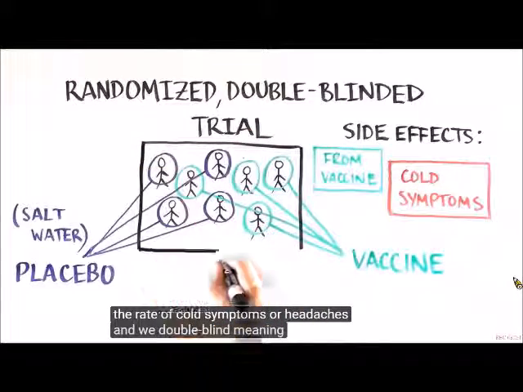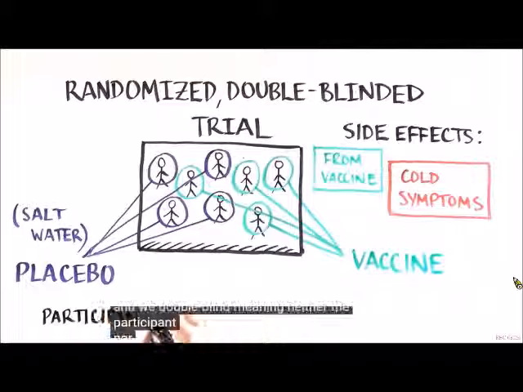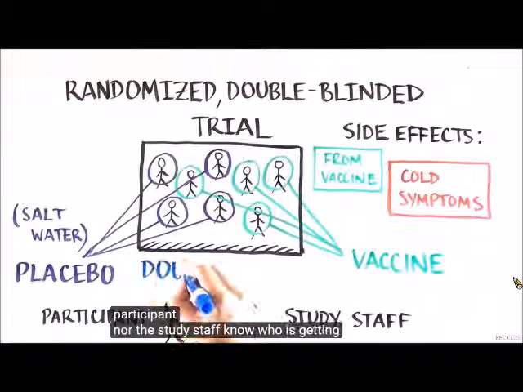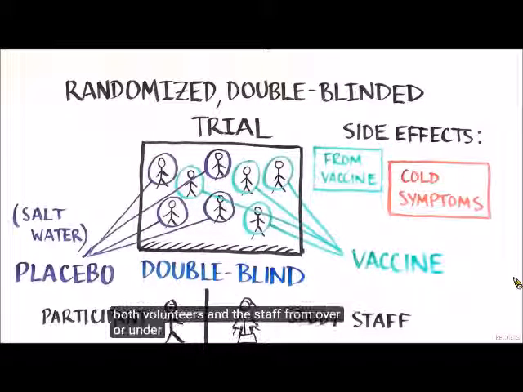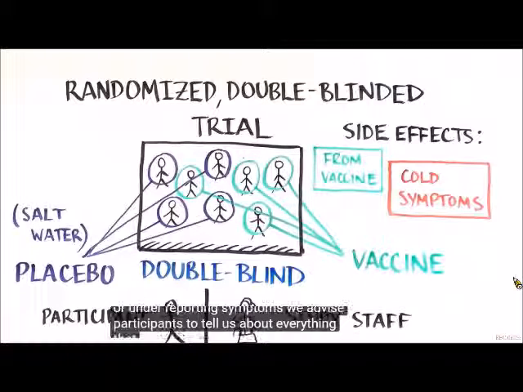And we double blind, meaning neither the participant nor the study staff know who is getting which type of injection. That prevents both volunteers and the staff from over or under-reporting symptoms. We advise participants to tell us about everything that is happening to them.